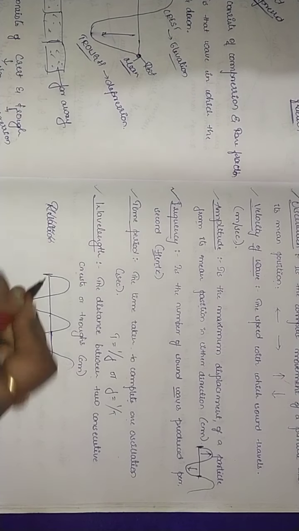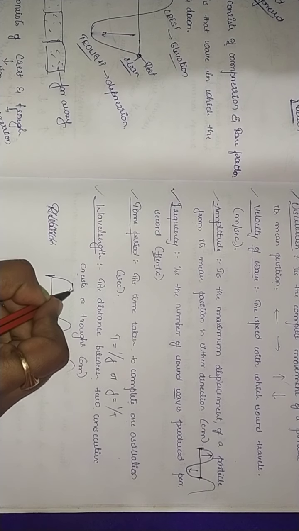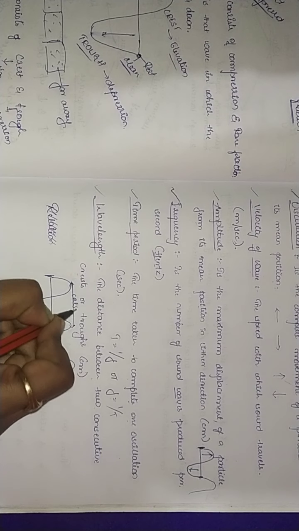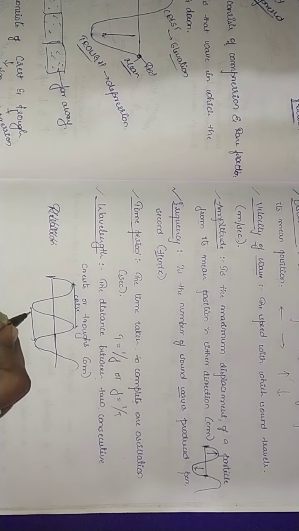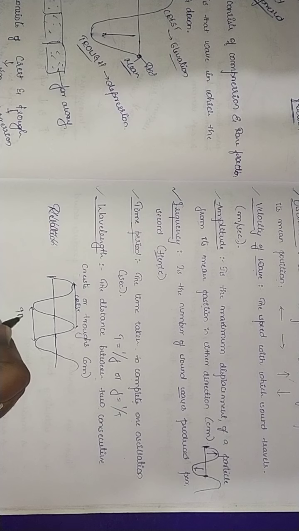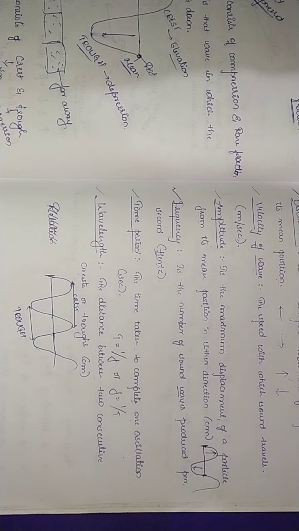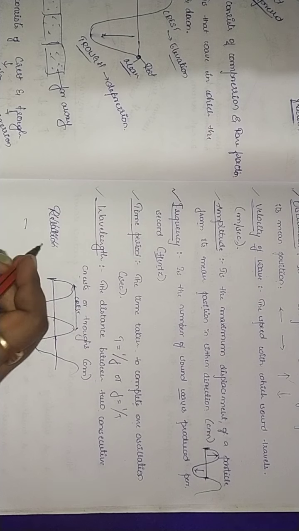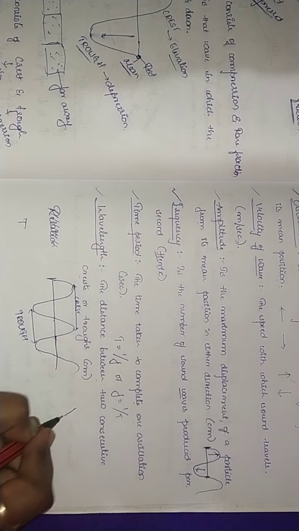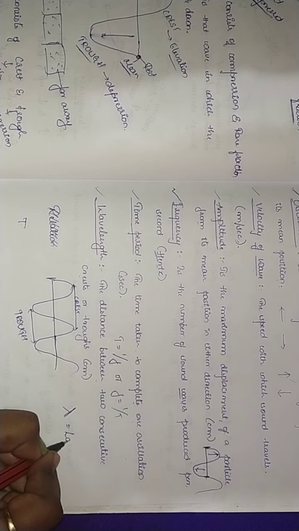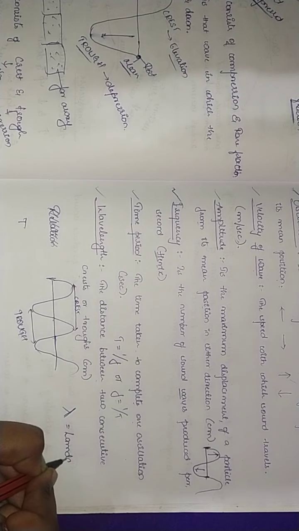From here to here, this is the crest, and this downwards part is the trough. We denote wavelength with lambda. Put one slant and write like this. This is lambda.